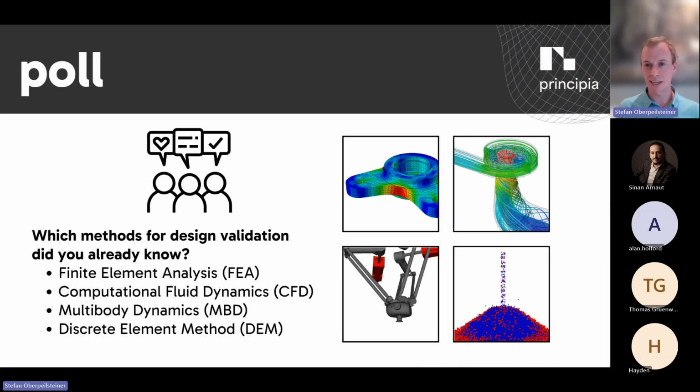So that's why I'd like to do another poll. It's always interesting for me to know which methods you already know. So here I've got 4 for you: finite element analysis, computational fluid dynamics, multibody dynamics, and the discrete element method.